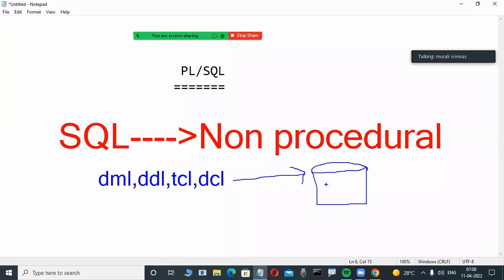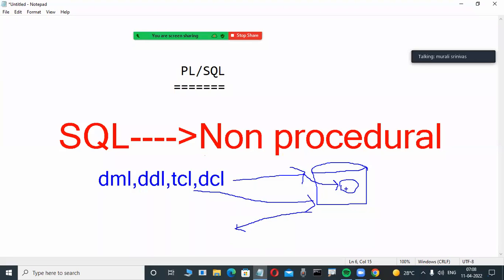But unfortunately, we cannot control the individual intermediate results. We just submit these statements and automatically get the output, that's all.